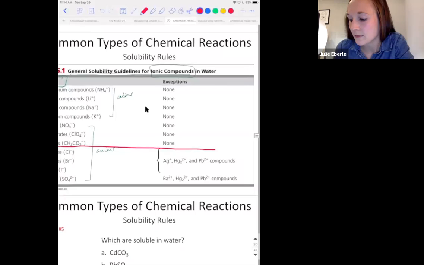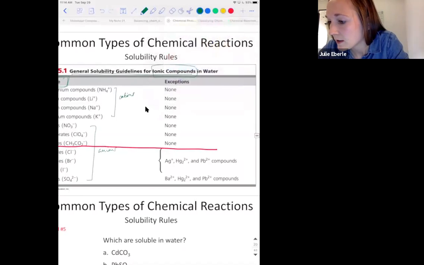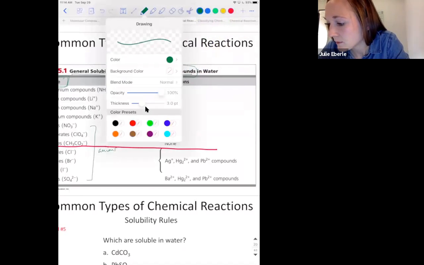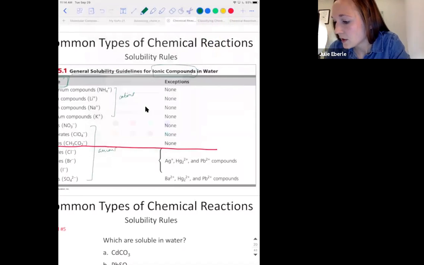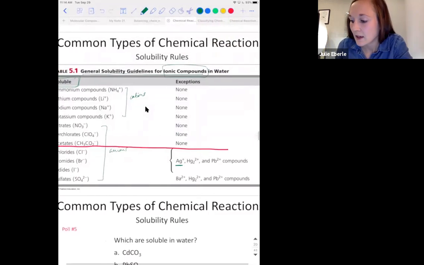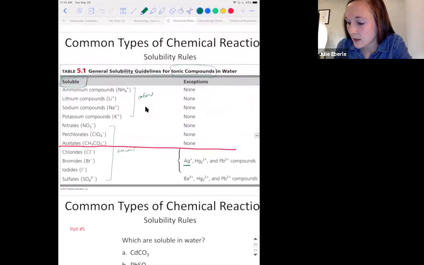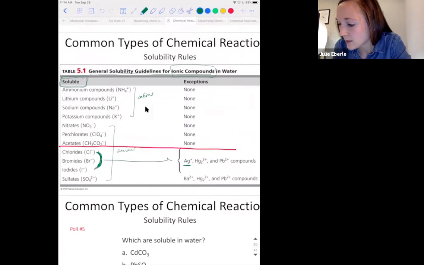Okay, so let's look at that. For example, we have Ag plus as a cation. If Ag plus is combined with, I think it's these 3 anions right here, Cl, Br, or I, those match up with this.